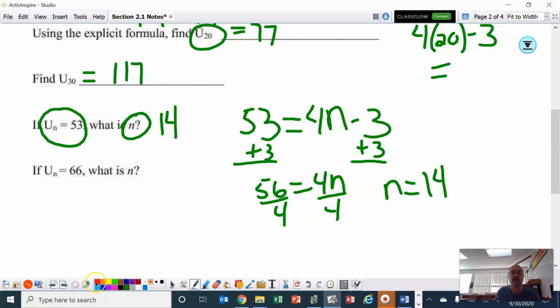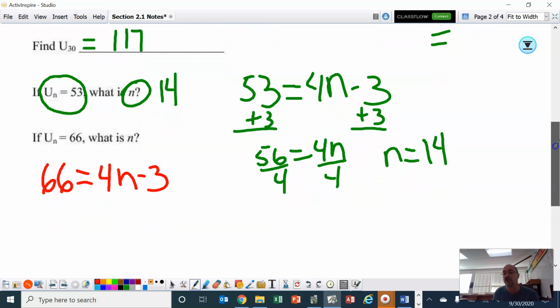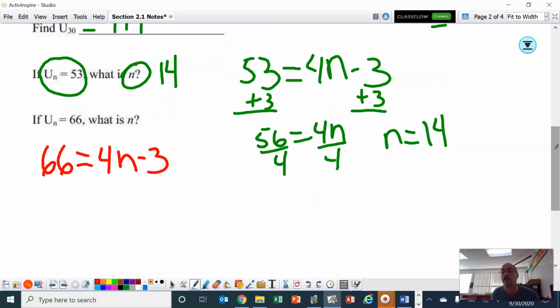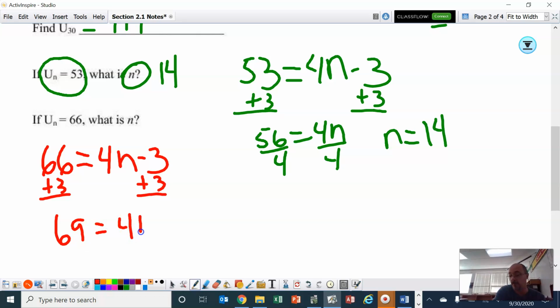Okay, now we're going to do the same thing with this other one. We're going to take 66 and set it equal to 4n minus 3. Now, I have a strange feeling this one's going to be a decimal, but that's okay. Let's see if we do. We're going to add 3. We get 69. Oh yeah, we're going to end up with a decimal because we're going to divide an odd by an even.